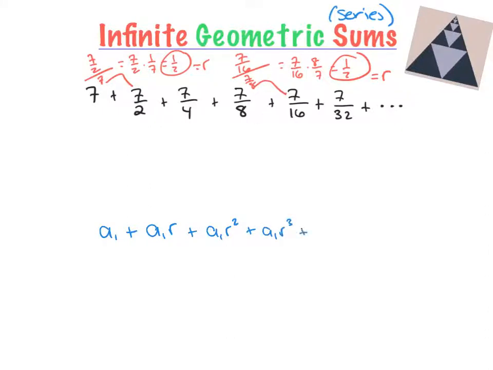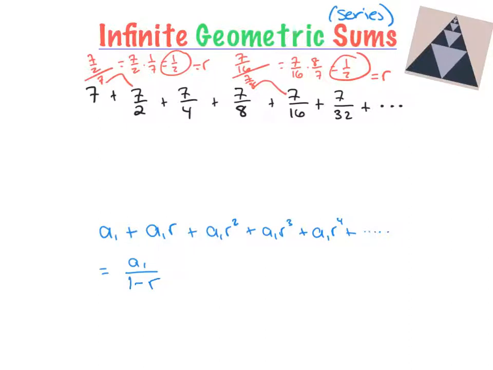Remember, we get each next term by continually multiplying by another form of our common ratio R, and that goes on forever. The sum that we get is equivalent to A1, the first term, divided by 1 minus R, or common ratio.